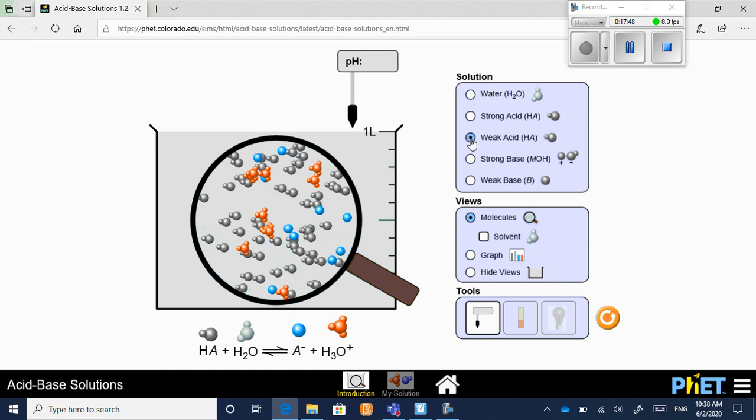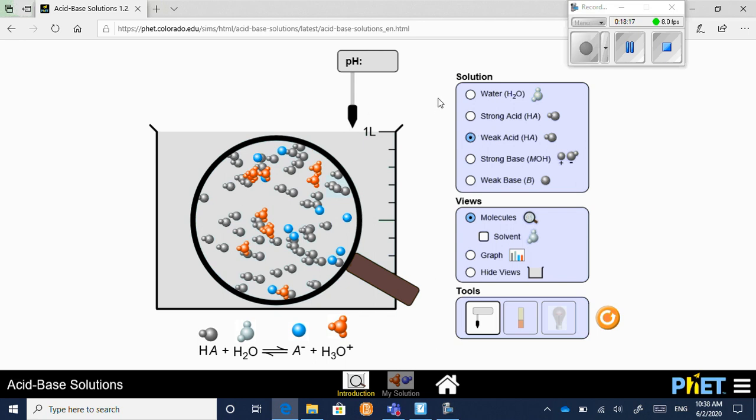Whereas in this case, if it's weak, not many of them dissociate. Look at this. You can see that there's a lot of the original acid still in solution. And so only a few of them have transferred over into the ions of A minus and H3O plus. And it's a good indication that it's a weak acid.